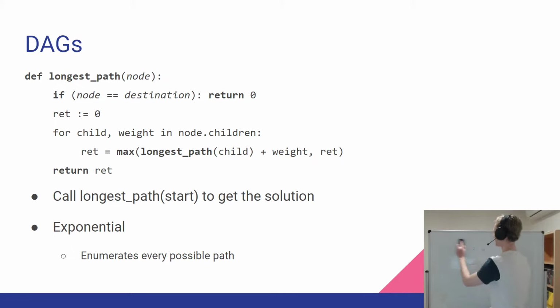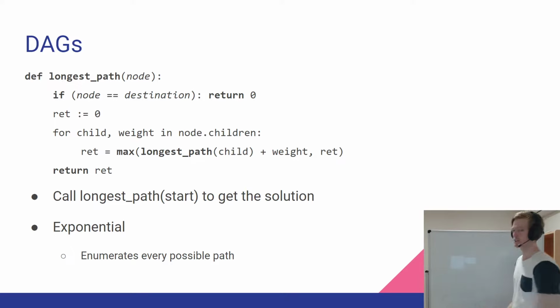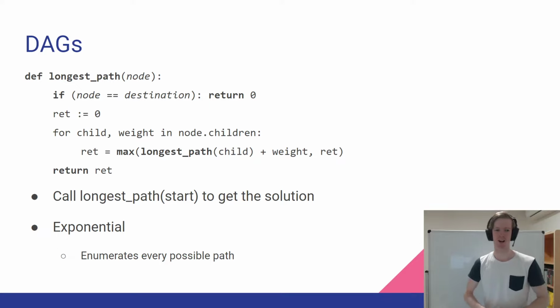First of all, we look at whether the node is the destination, so whether it was the 4 or not. If so, then you have no more maximum path that you can go from there, so you return 0. Otherwise, you set your return value to be 0, because if your node doesn't have any children, it would also be the case that your longest path would be 0.